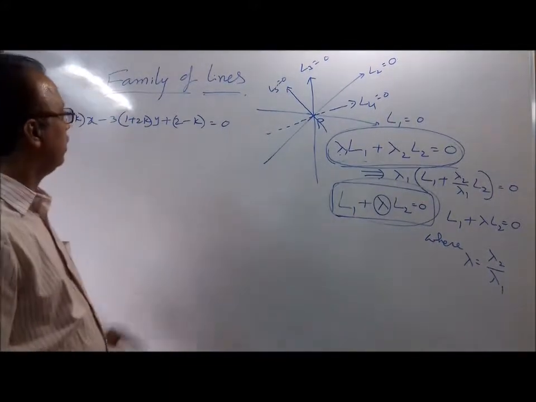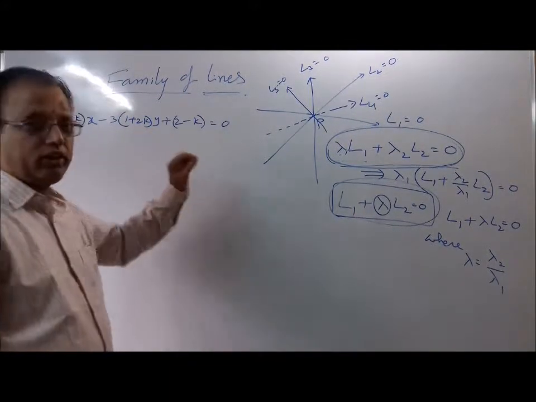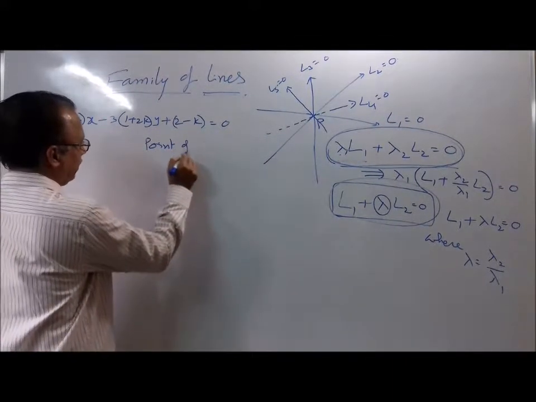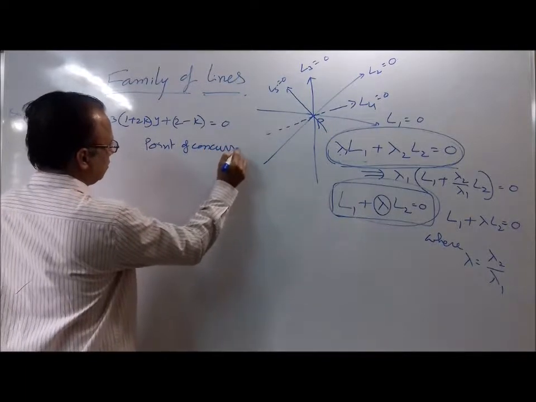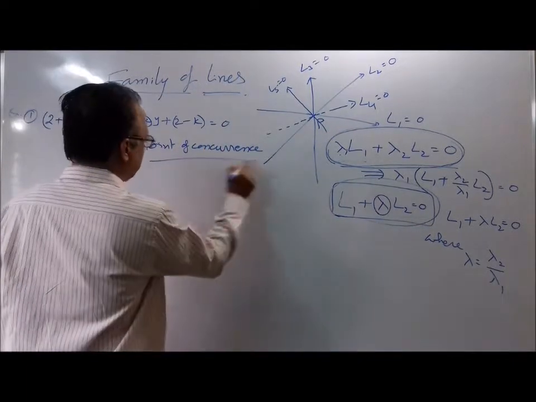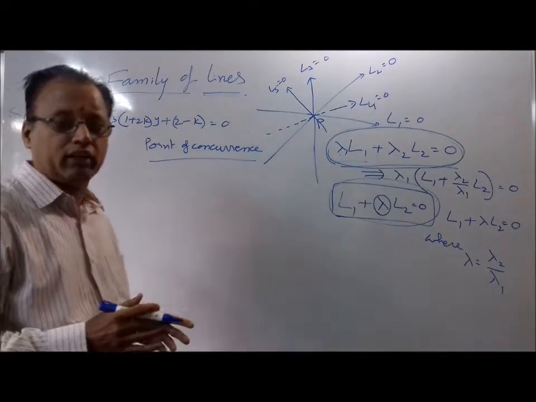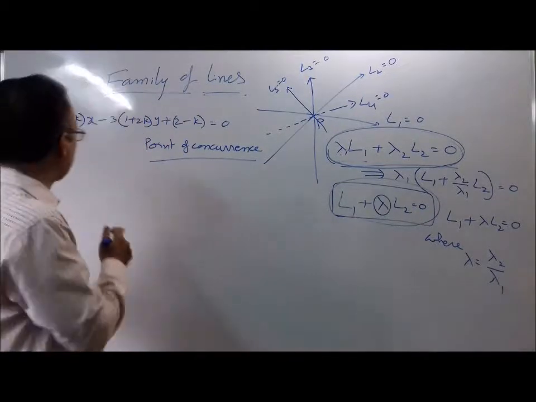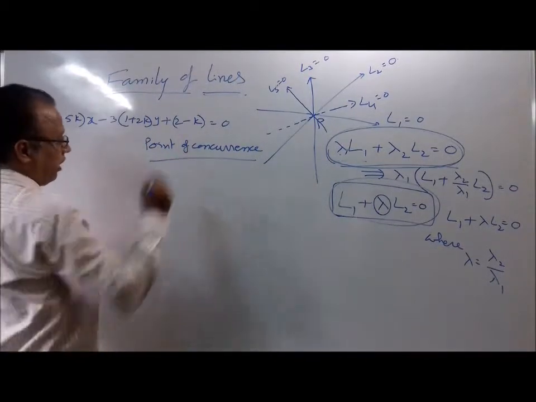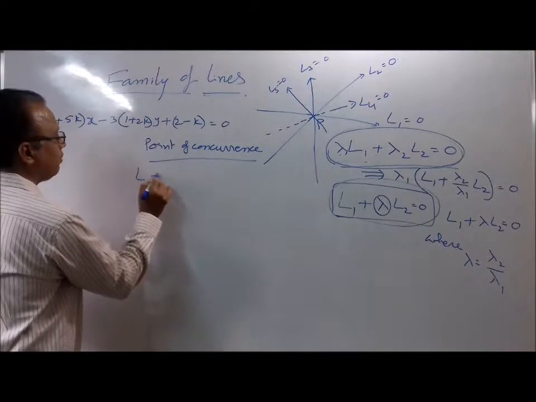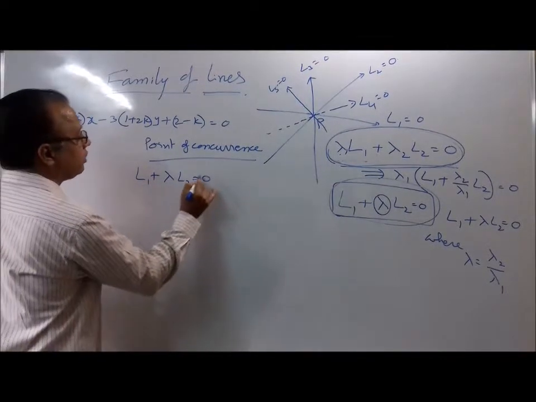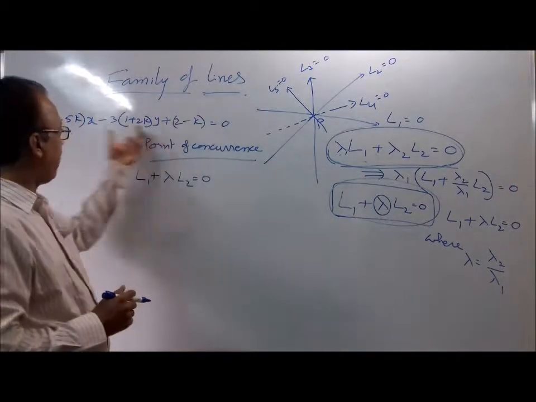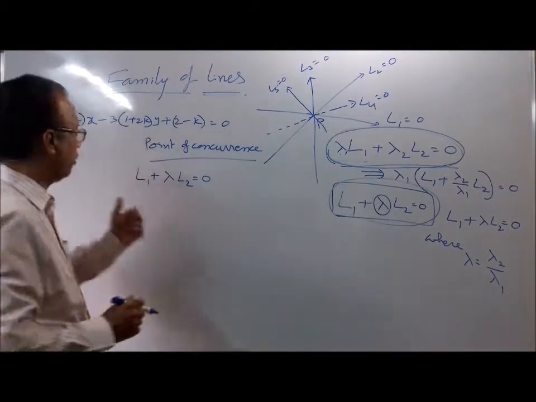Suppose he is asking to find the point of concurrence. To find the point of concurrence means we should find the point of intersection of those two lines. We have to adjust this to the form L1 plus lambda L2 equal to 0, the family of lines. How?